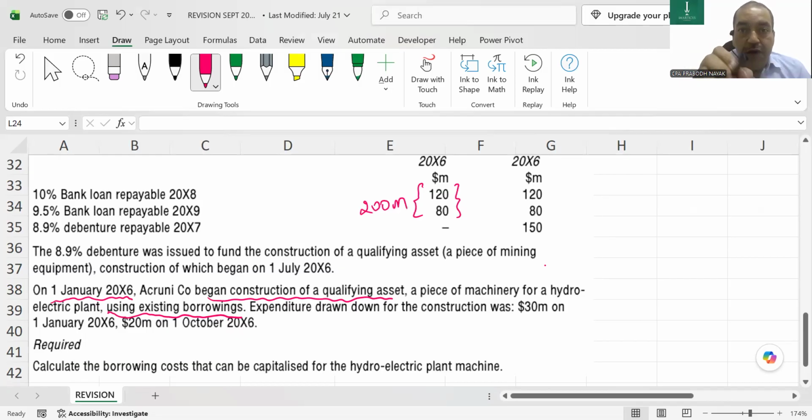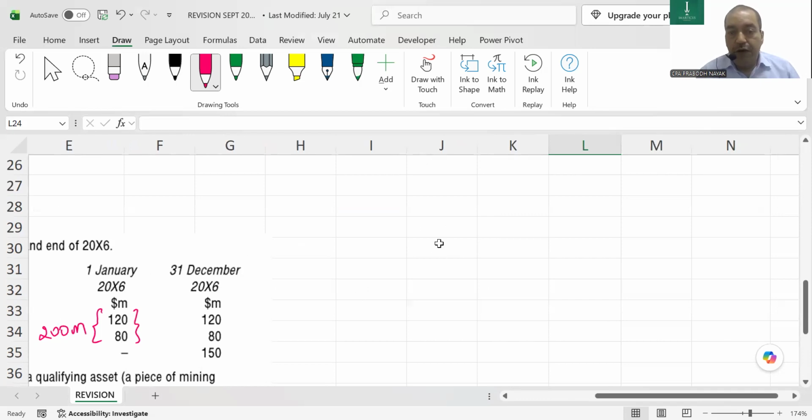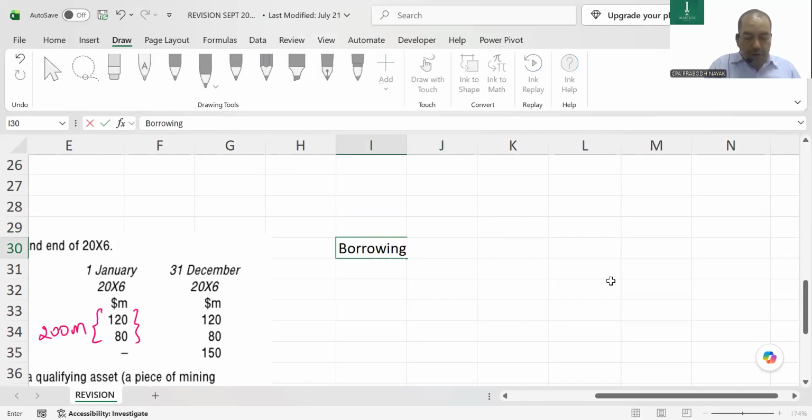So we have to calculate the weighted average cost of interest. Let us work out the borrowing cost to be capitalized.